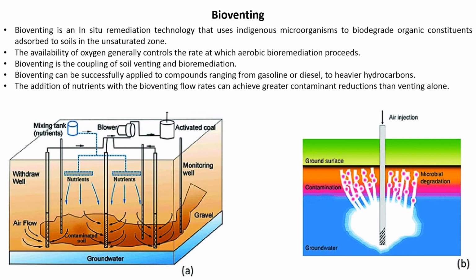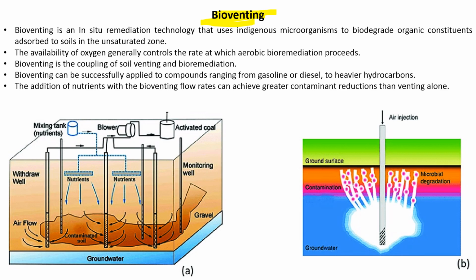The next concept is bioventing. So bioventing and biosparging are very, very similar, and it is also very similar to biostimulation. So in biostimulation, we gave the contaminated site access to aeration, and we gave nutrition.